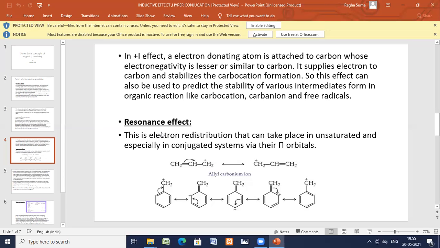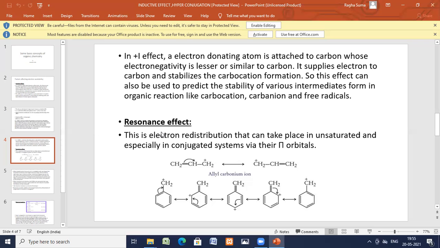So tertiary amine should be more basic because it has three alkyl groups. Then secondary amine, then the primary amine, and then ammonia.